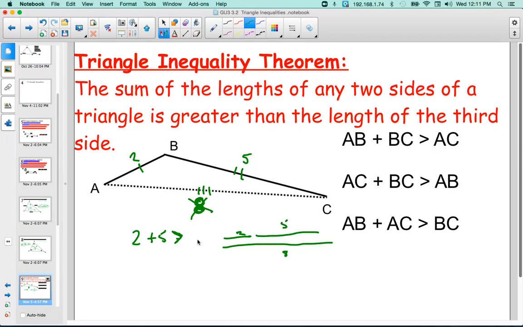All right. But we know that as long as this is bigger than the third side, then you're good. So if it was 6, 6 would work, all right, because 2 plus 5 is 7, which is bigger than 6. You'll be able to know that there's a problem if you did have a length like 8, and that didn't work.